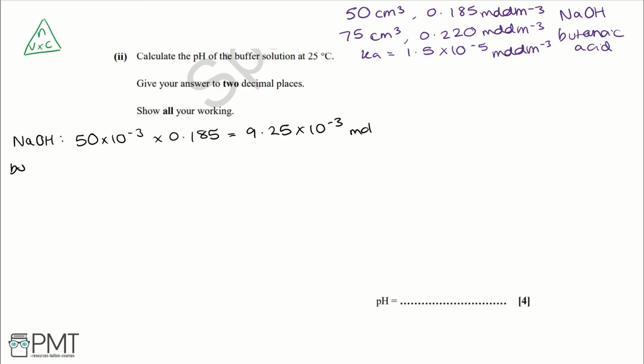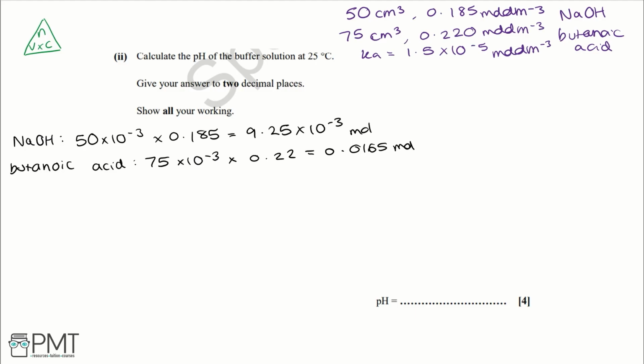Then for butanoic acid, we're going to do the same thing but with different numbers. So we're going to have its volume of 75, then timesing by 10 to the negative 3 to convert centimetres cubed into decimetres cubed, and then multiply by 0.22. And that equals 0.0165 moles.